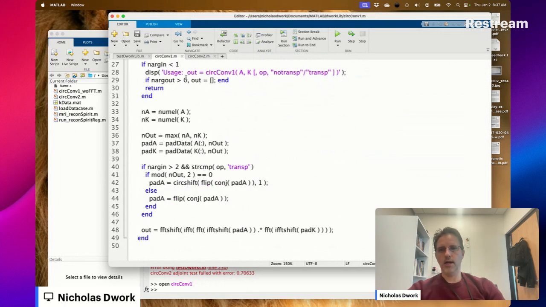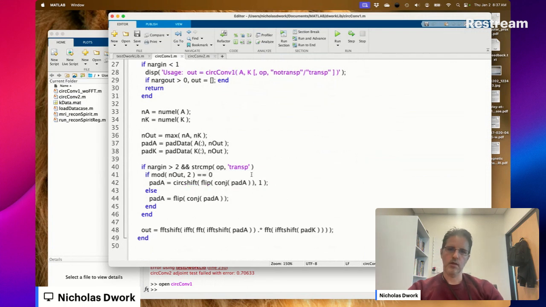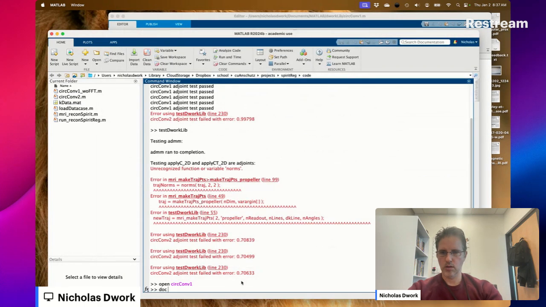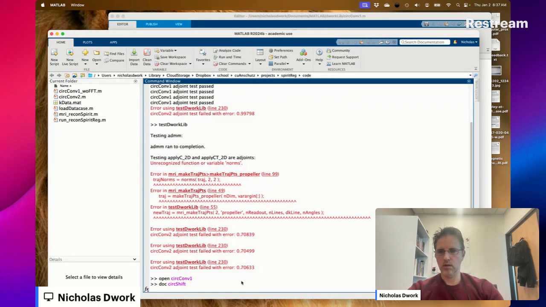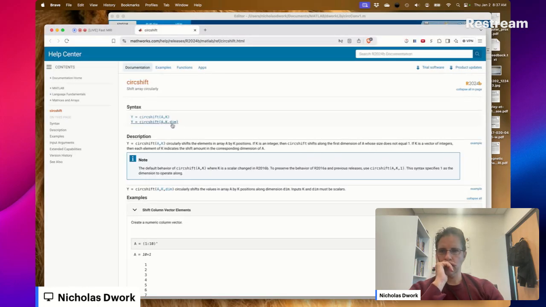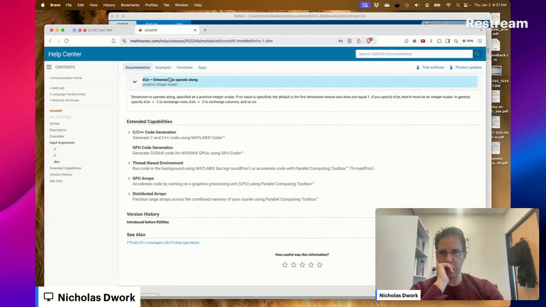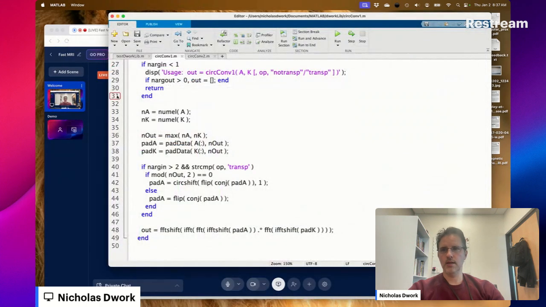Huh, okay. Dimension. Does dimension have to be a scalar? Based on that test we did the other day, I'll bet you it does. It does. At least it says it does. I'll bet you that's right. Okay.